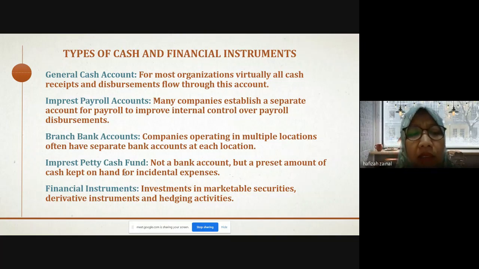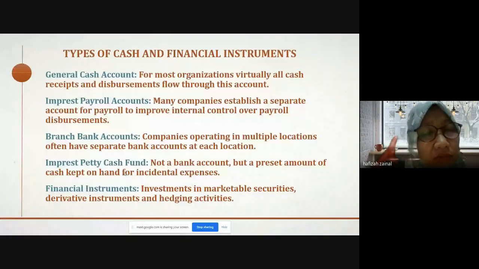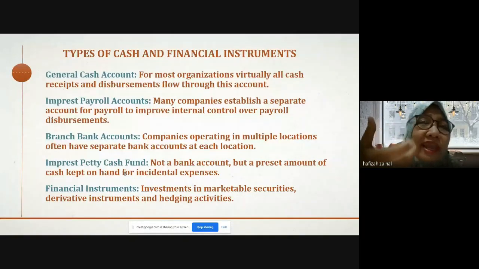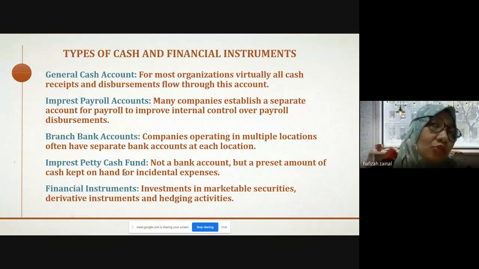And then, as I mentioned just now, the petty cash fund, which is actually a preset amount allocated for the company to utilize, and also financial instruments, which involve investment in marketable securities. That's why it's called cash equivalent: when you have marketable securities, they can easily be converted into cash.